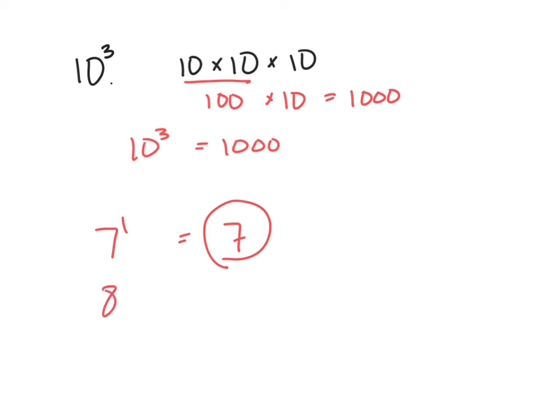You're going to run into that on anything to the 1 power. 8 to the 1 power is 8 multiplied by itself just that one time, right? 10 to the 1 power is 10 multiplied by itself just the one time. 1,000 to the 1 power is 1,000 multiplied by itself just the one time. So anytime you see to the 1 power, you're just getting that base number being the answer. So that's kind of an easy one to deal with.